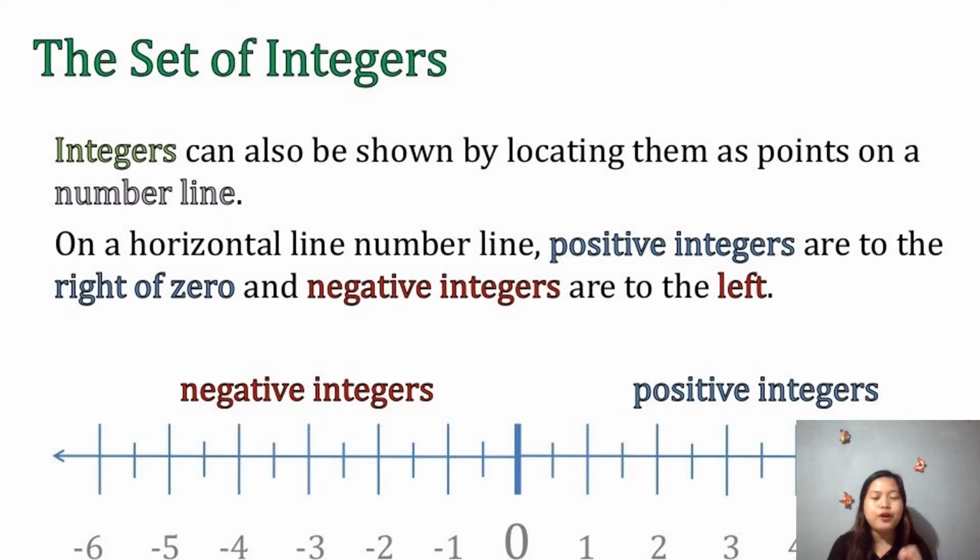On a horizontal number line, positive integers are to the right of 0. So here we have 0, and to the right are all positive integers. To the left are all negative integers.